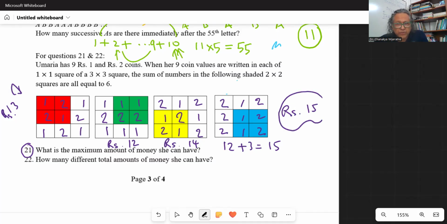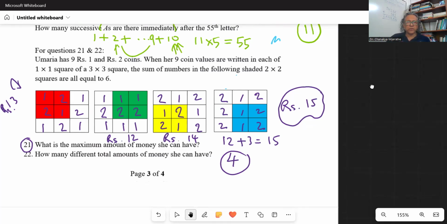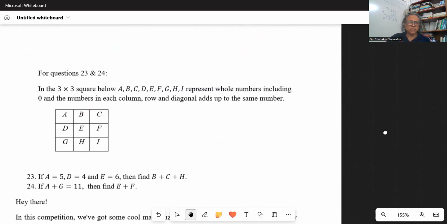That's the maximum. And how many different total amounts of money can she have? She can have 4 different amounts. The answer is 4. All right, so I hope you liked those 2 questions. Let's look at the next ones.